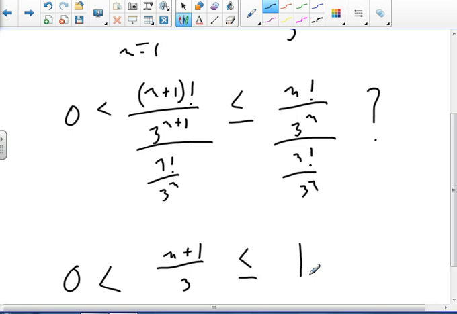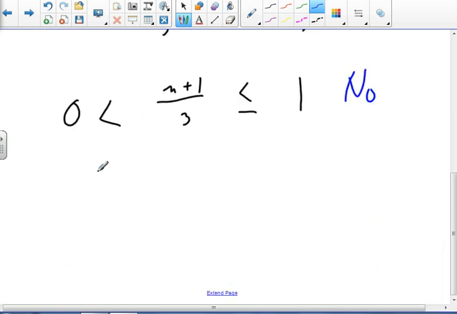So is n plus 1 over 3 less than or equal to 1? No. No. So this diverges, period. There's no conditional anything. It just plain diverges.